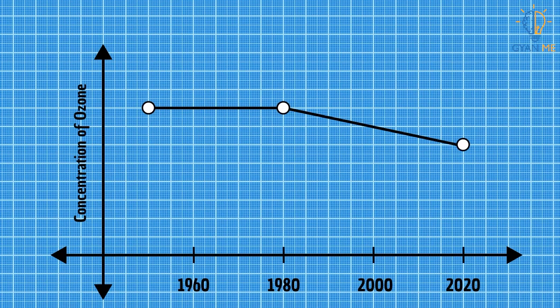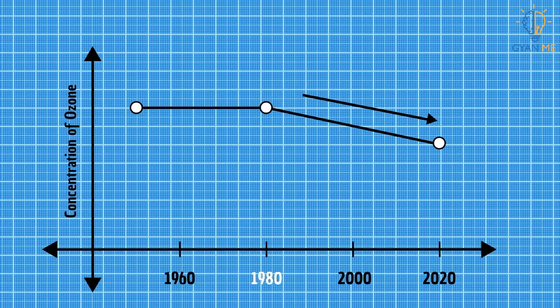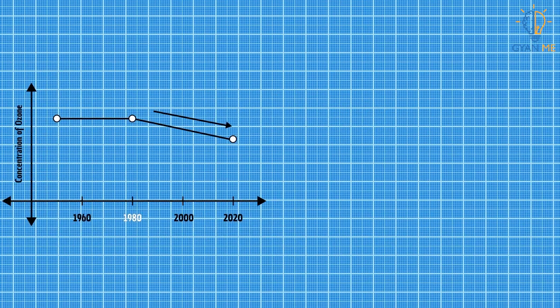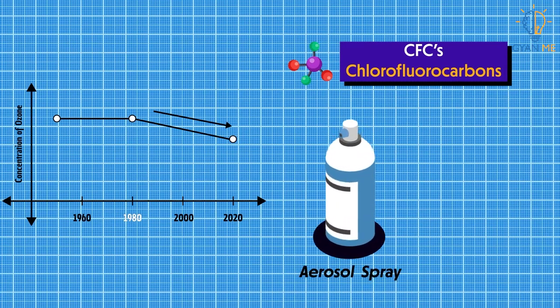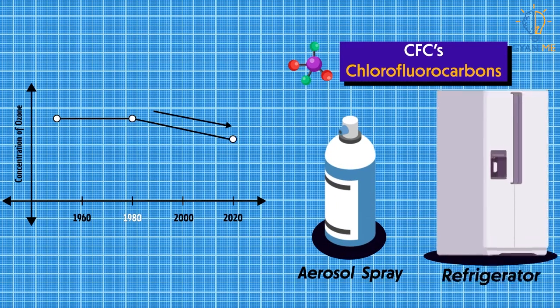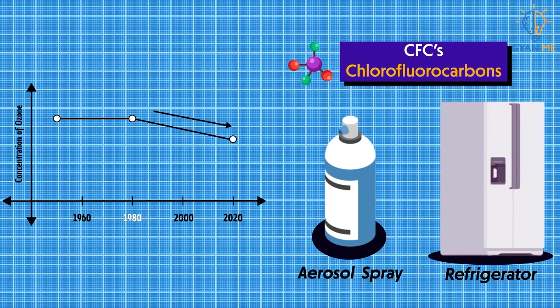The amount of ozone in atmosphere began to drop sharply after the 1980s. This decrease has been linked to synthetic chemicals like CFCs, called chlorofluorocarbons. At the time, CFCs were commonly used in aerosol sprays and as coolants in many refrigerators.